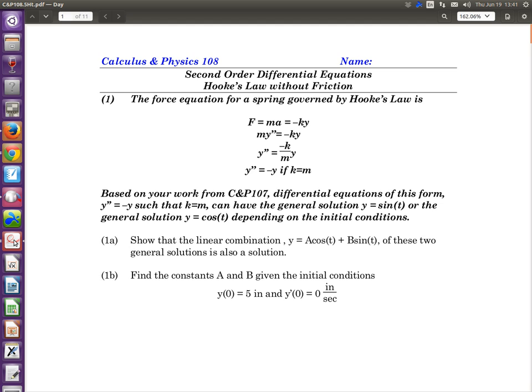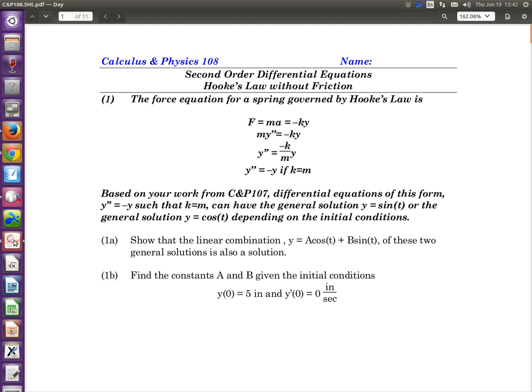Let's take a special easy case where the constant negative k over m is negative 1. Based on your work from packet 107, differential equations of this form, y double prime equals negative y such that k equals m, can have the general solution y equals sine or y equals cosine, depending on initial conditions.